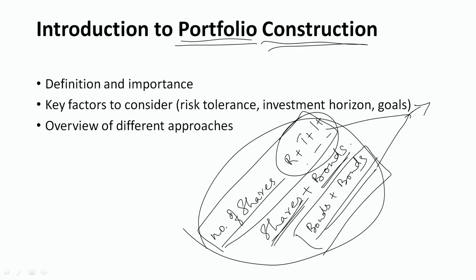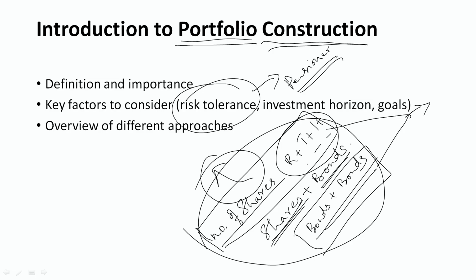Another important aspect which you have to consider while constructing a portfolio is the risk tolerance. What is the amount of risk you can manage? Say for example, I am a pensioner, and being a pensioner, I may not be in a position to take a high risk based on a number of shares.